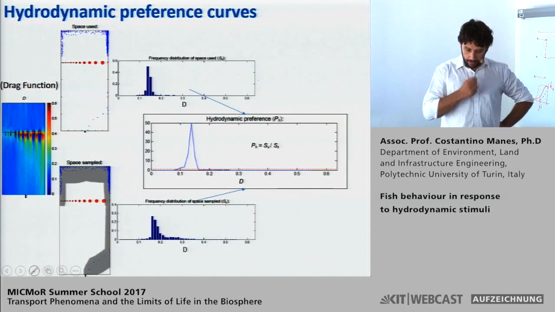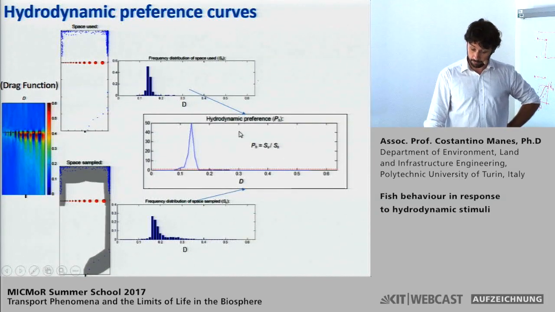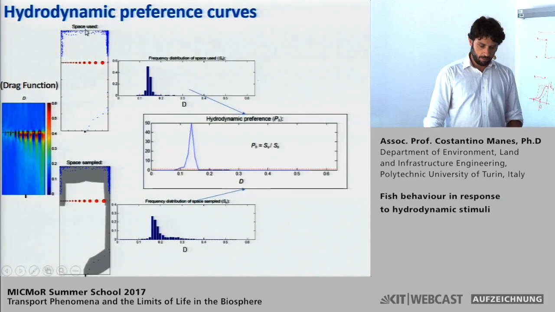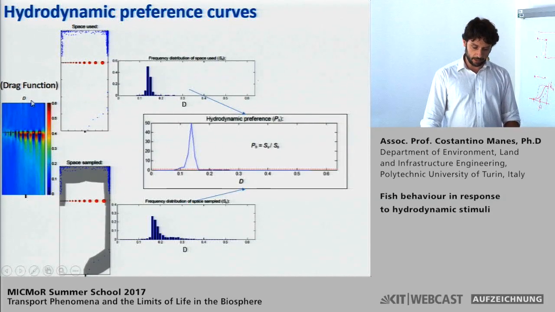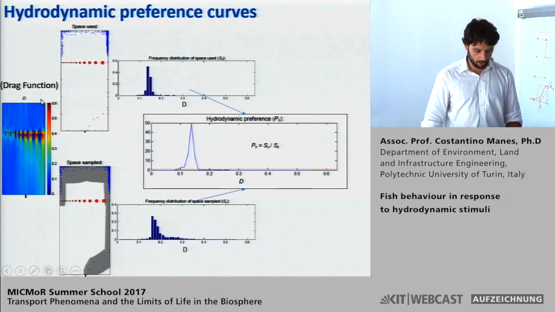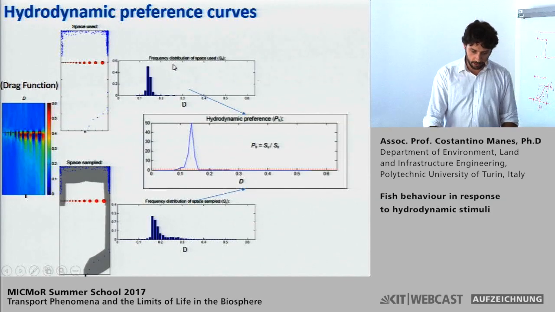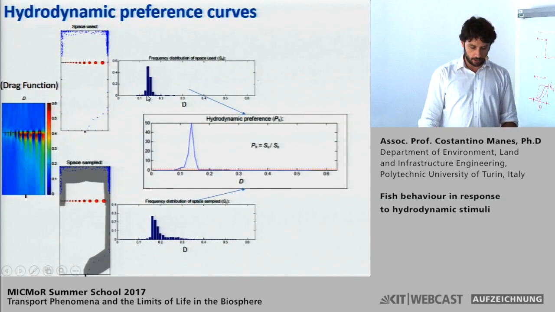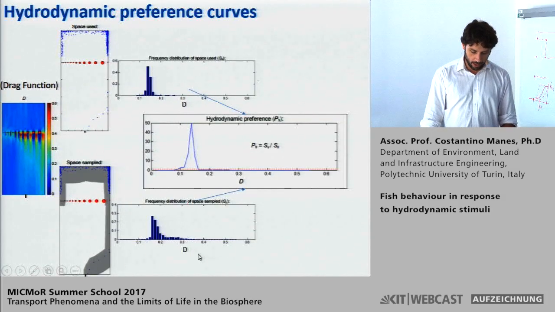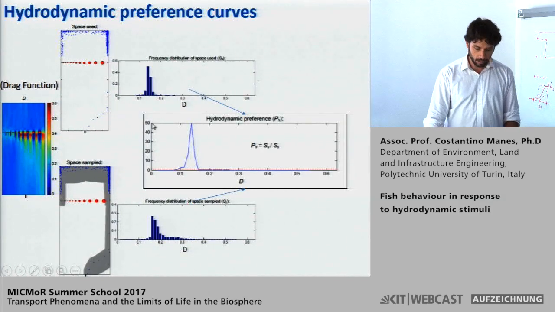Hydrodynamic preference, how did we define it? Essentially, by monitoring the space used, we decided to take a hydrodynamic metric. Here I have taken as an example the drag function that we like a lot. We say, okay, this is the space that was used by the fish, and we have reported that in a frequency distribution plot. Then we did exactly the same for how this drag function was distributed within the space sampled.